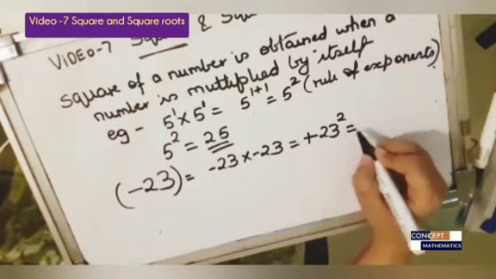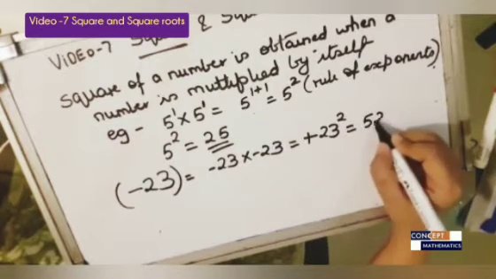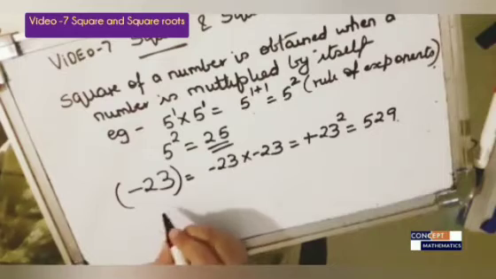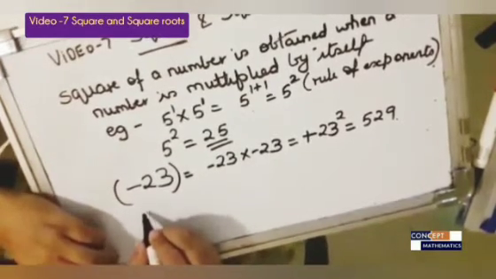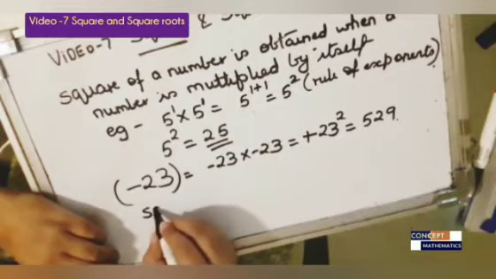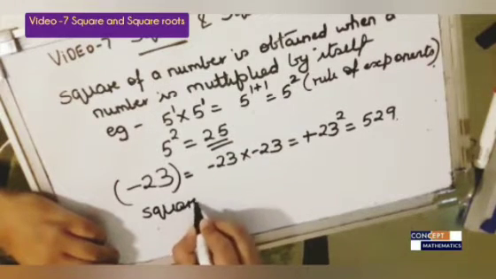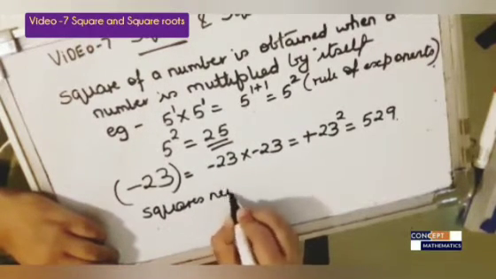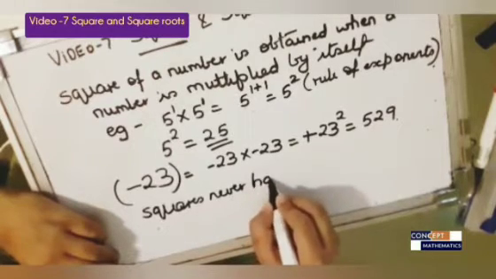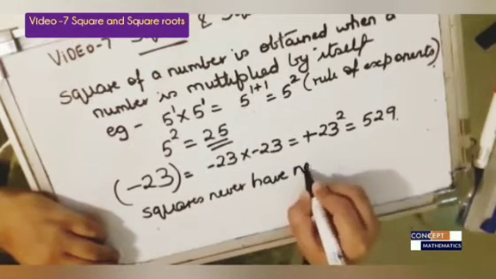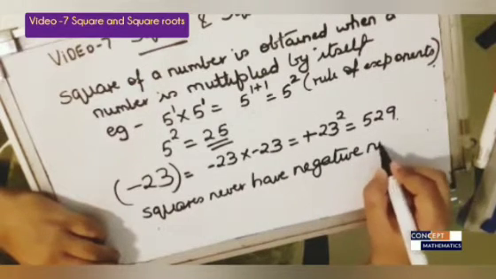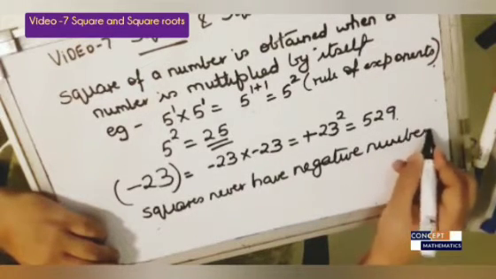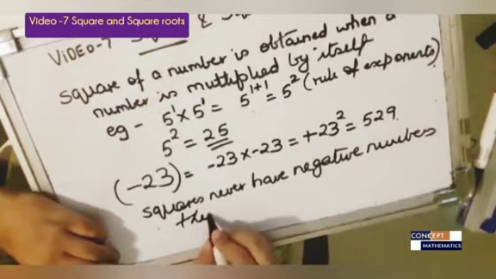So here the answer would be what? 529. So that means squares never have negative numbers. They are always positive.